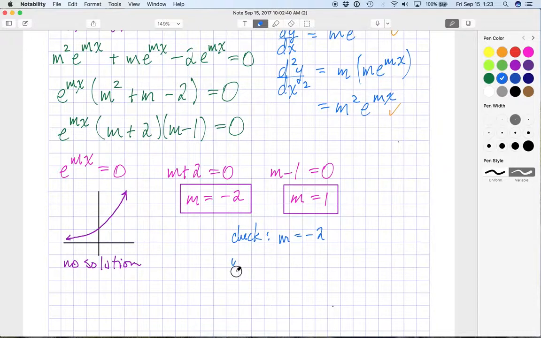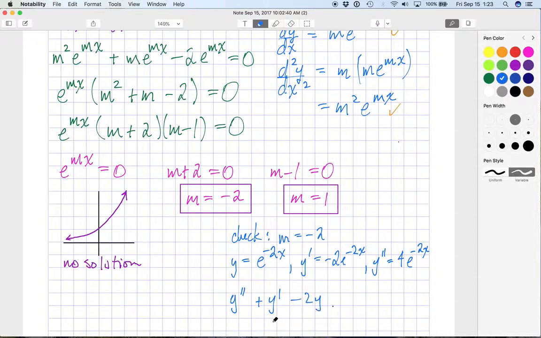So that means that y would be equal to e to the negative 2x, and then the first derivative of that, y prime, would be negative 2e to the negative 2x, and the second derivative is going to be positive 4e to the negative 2x. Well, now if we insert those three expressions back into the original equation, y double prime plus y prime minus 2y, we get the following.